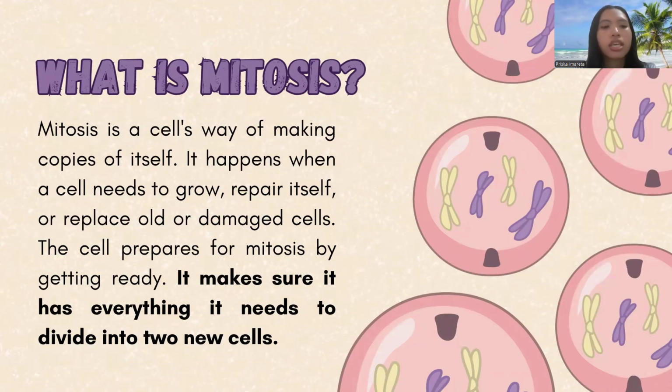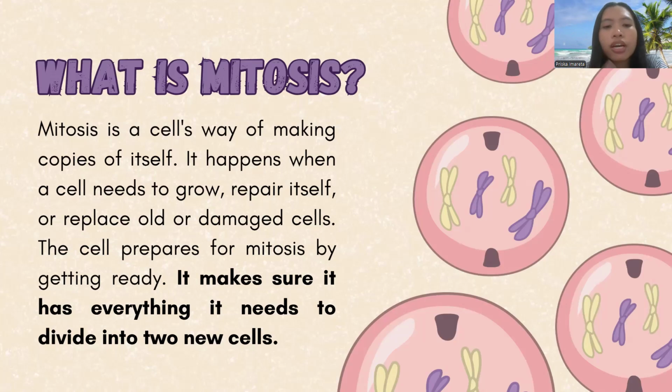It makes sure it has everything it needs to divide into two new cells. This process is essential in the lives of all living things, especially humans. Mitosis occurs when, for example, the body needs more cells to grow taller, or if our skin is injured, the cells around the wound divide to repair the damaged tissues.